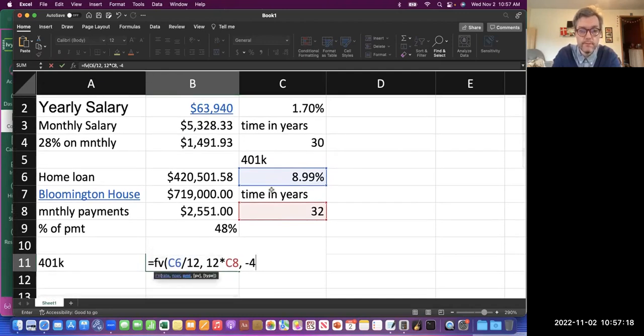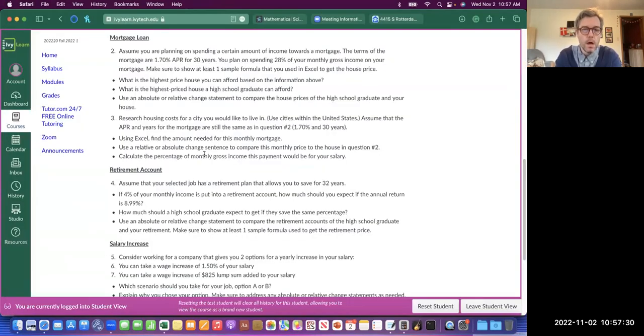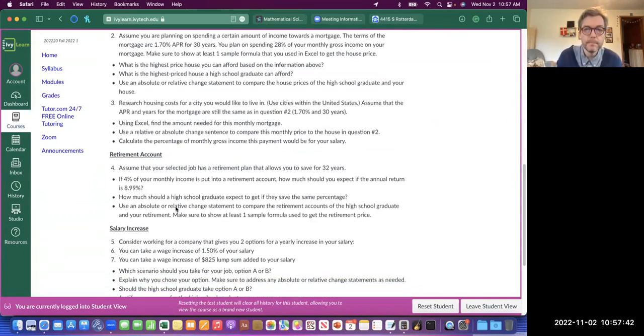So I'm just going to hit 4% times monthly salary. There. That's what would be in the 401k after those 32 years. Okay. All right. And you're going to do that for the high school student. And you're going to compare those with absolute and relative change statements. And you're going to report how you calculated that.